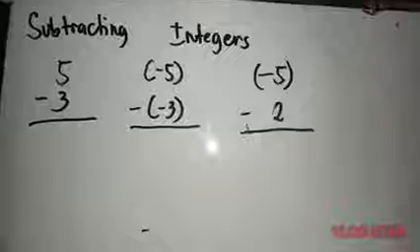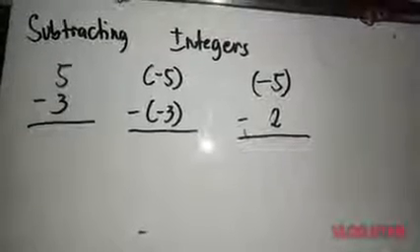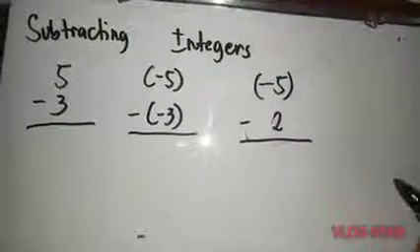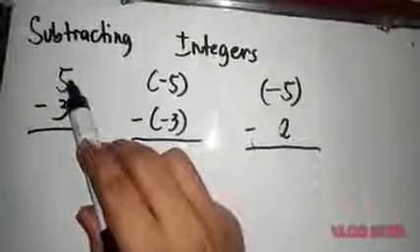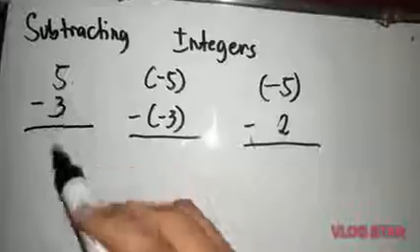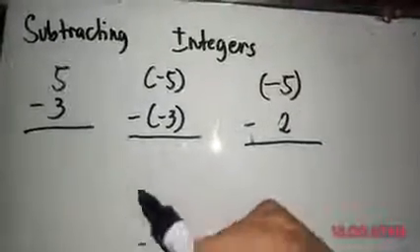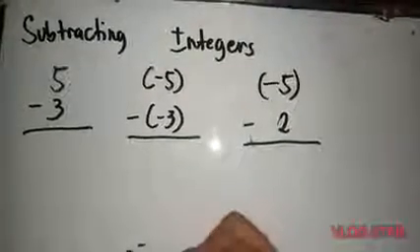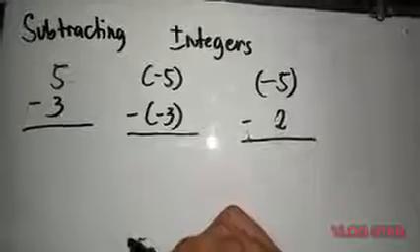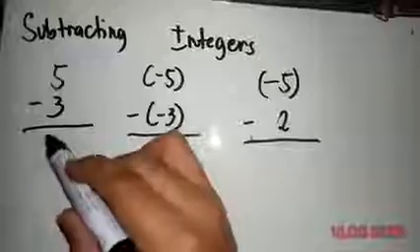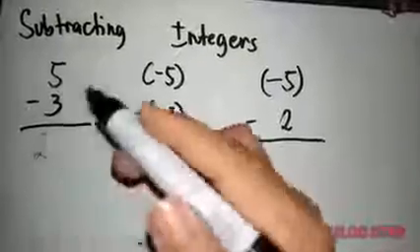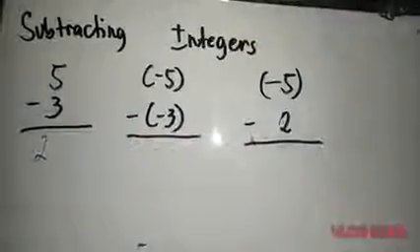Let's start with like sign, meaning the signs are the same. You can see here positive 5 and positive 3. In subtracting integers with like sign, just simply subtract. 5 minus 3, the answer is 2, or positive 2.